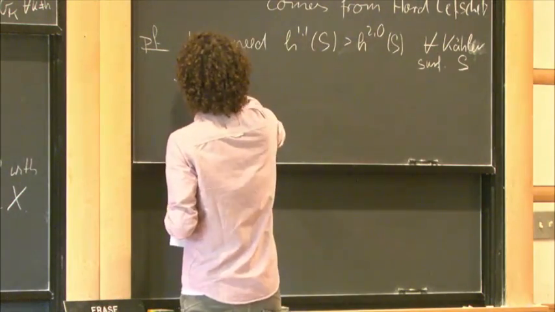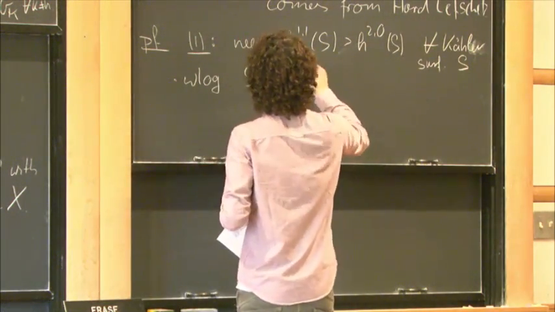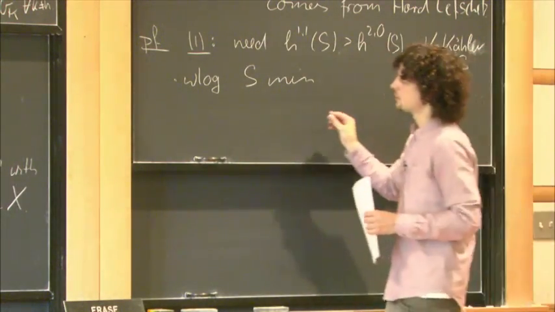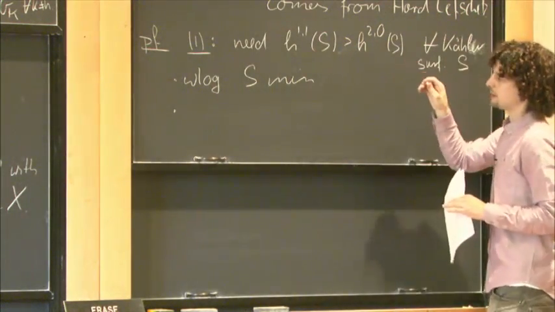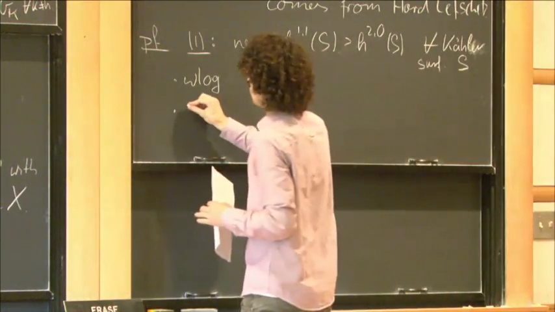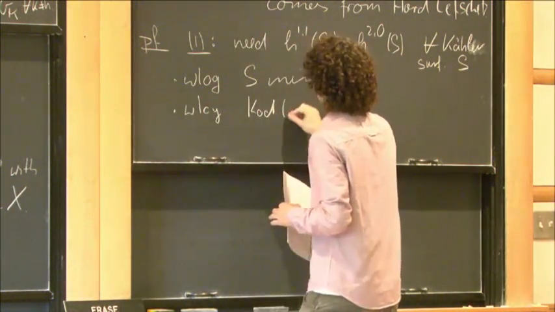And it's not hard. Without loss of generality, S is minimal. Blowing up a point only changes this one, doesn't change that one. And then there's the classification of surfaces, and you check that if the Kodaira dimension is less than 2, then it is okay. So without loss of generality, we are in the general type case.